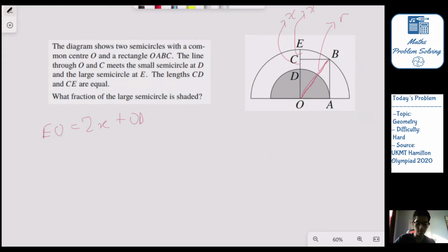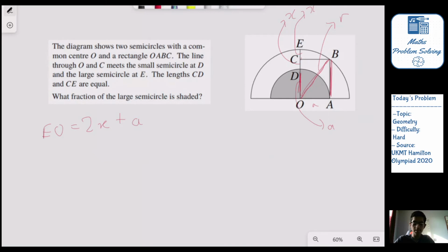We'll label OD as A for now, A being the smaller semicircle's radius. So I can rub this out and label it as A. Okay, so OA also equals A.